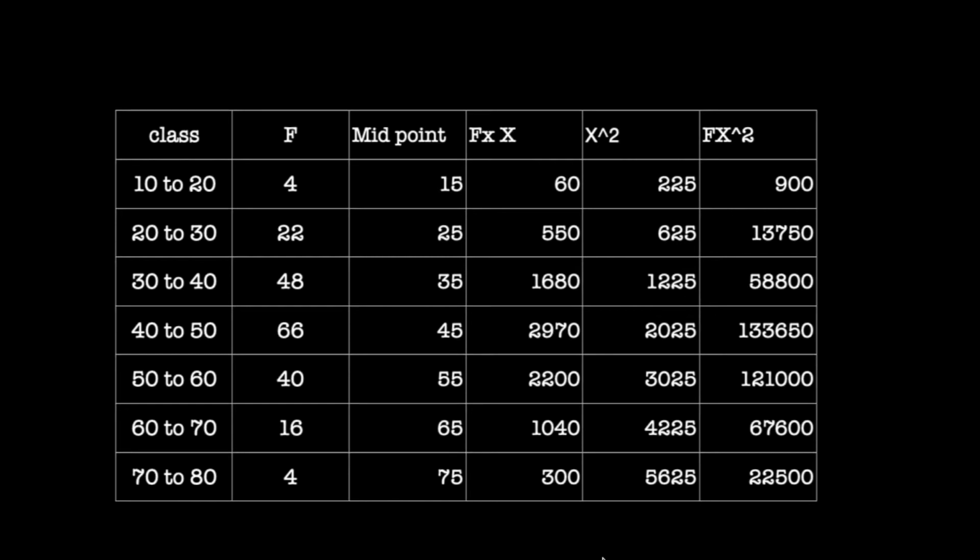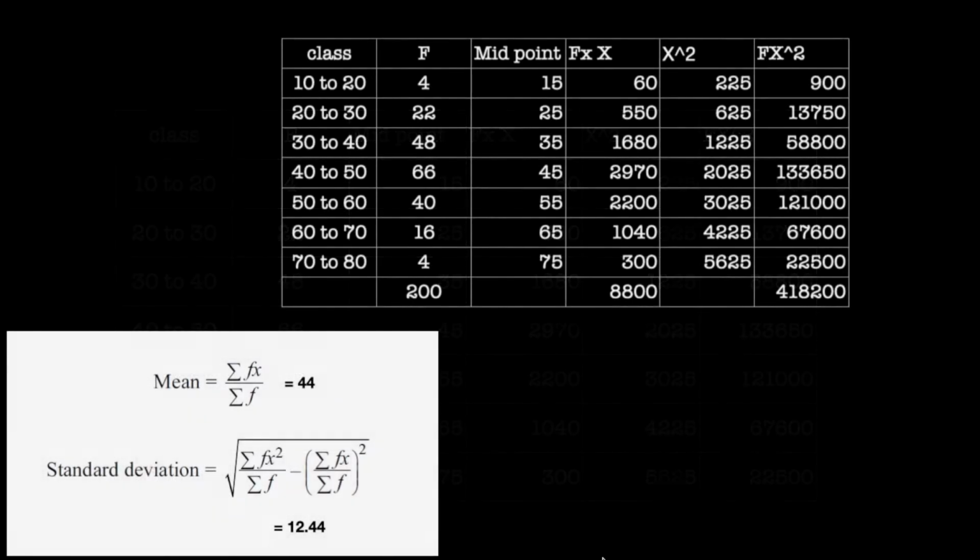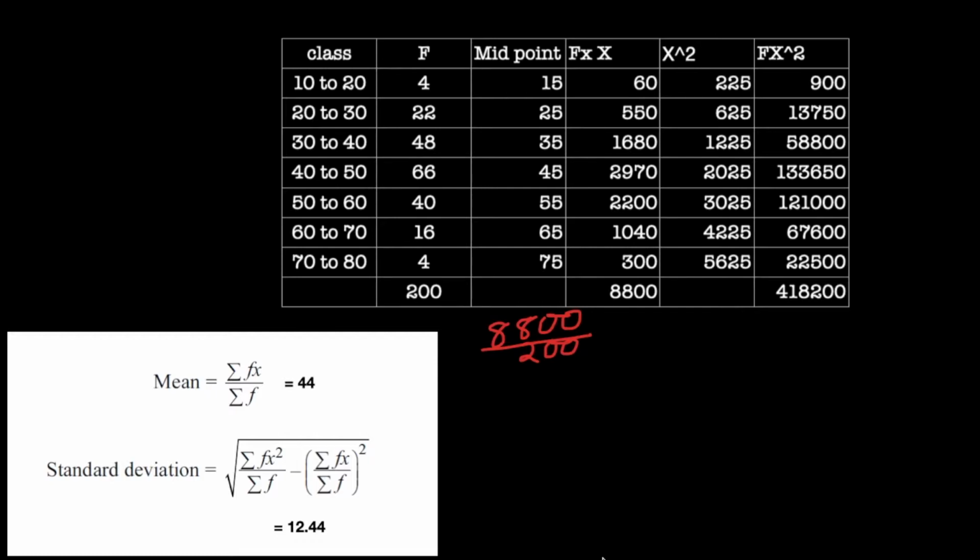Now we have to calculate the mean and standard deviation. As I said, mean is sigma fx divided by sigma f. Sigma fx in this case is 8800, and sigma f is 200, so we get a value of 44.